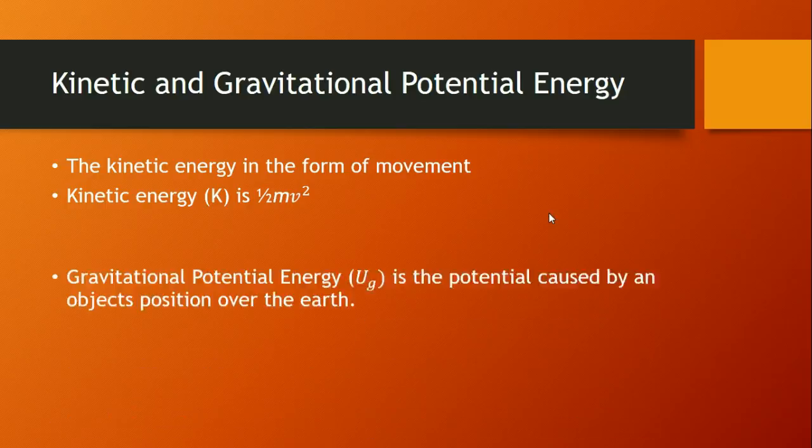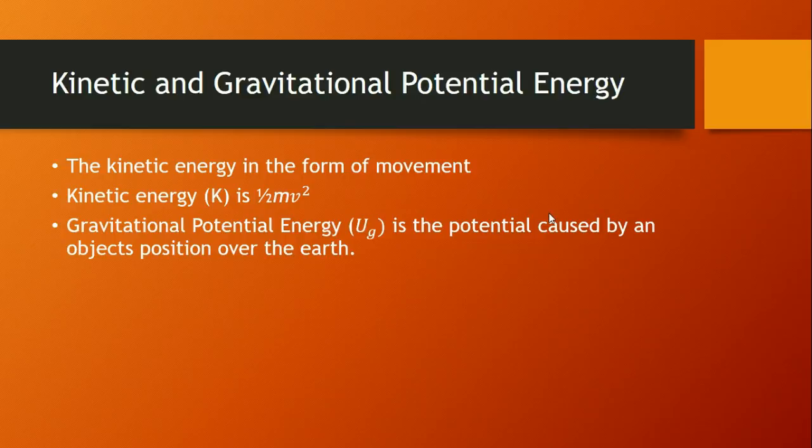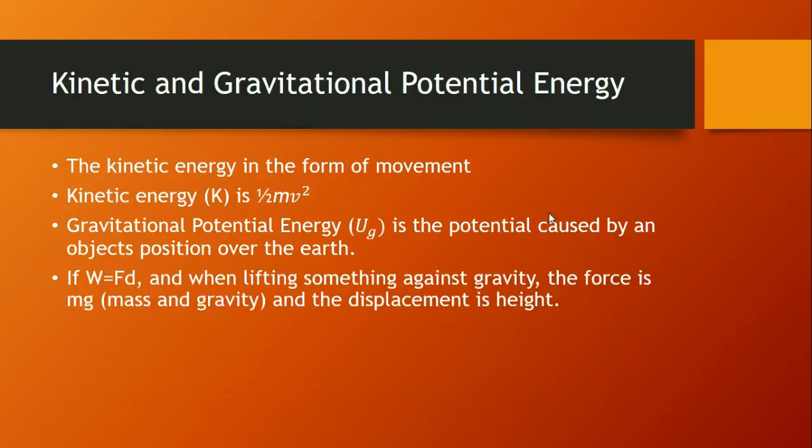Gravitational potential energy is the energy caused by an object's position over Earth, or over another planet or bigger object. If work is force times distance, when lifting something against gravity, the force is mg.